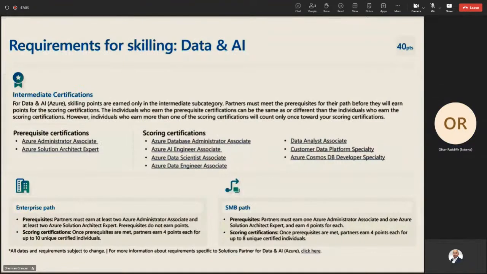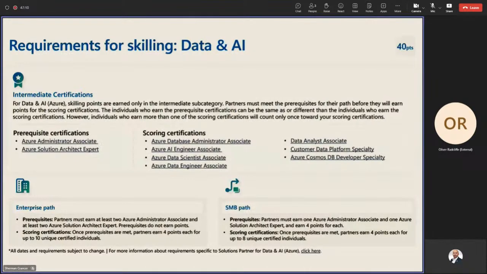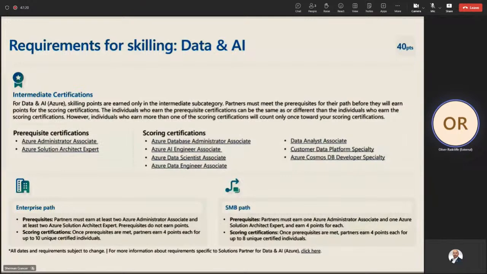It's just so you still get 0 with just the prerequisites though? No, actually, I'm sorry. If you're on the SMB path, that's 1 caveat. You actually get points for your intermediates. Okay, so you had 1 guy with Azure admin and solution architect expert, and then that would be 8 points.